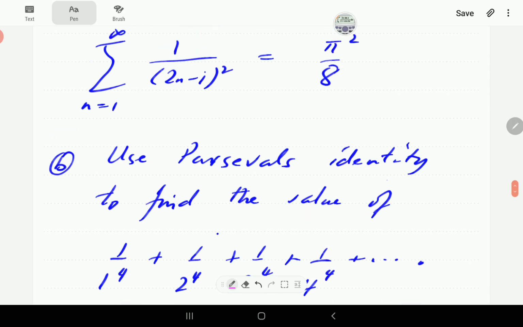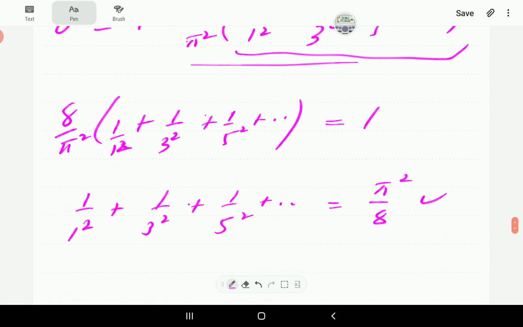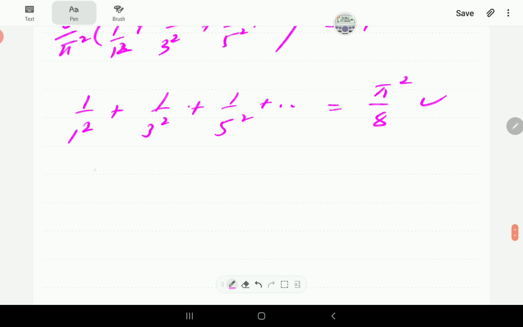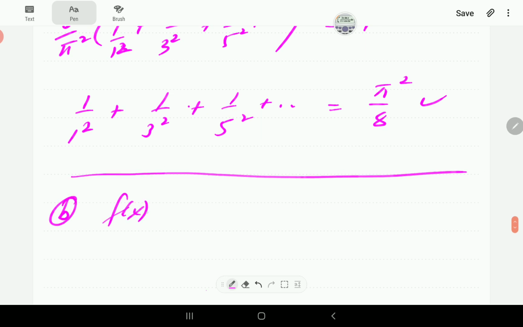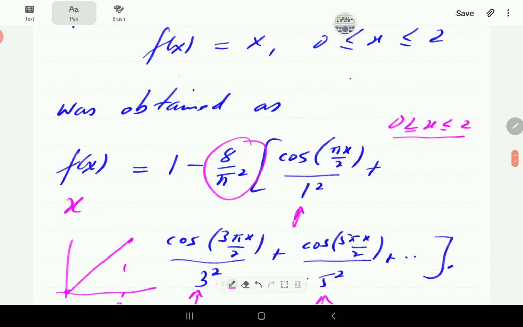So for this one we have f of x. F of x is x. Bn is 0 because it's a half range cosine expansion. A0 is 2 actually, because that's why we have 1 here.